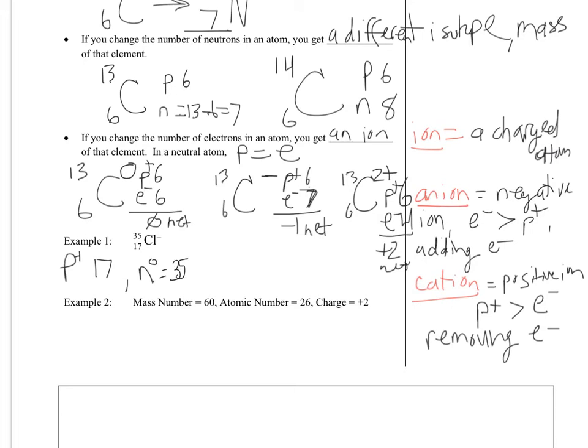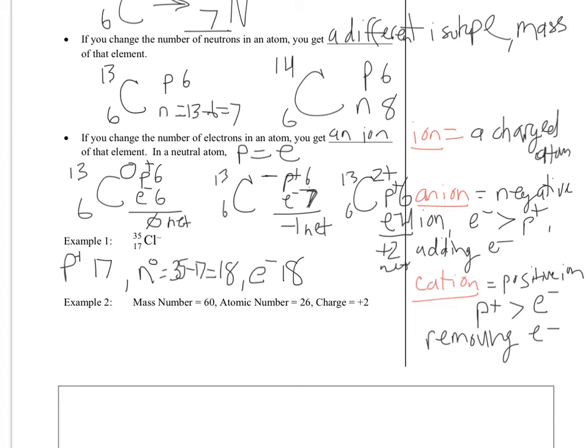So that's 35 minus 17, and that is 18 neutrons, okay? The electrons come from the difference from the 17 protons, and the charge says I have an extra negative, which means I have one more negative than positive. If I have 17 positives, I must have 18 negatives.